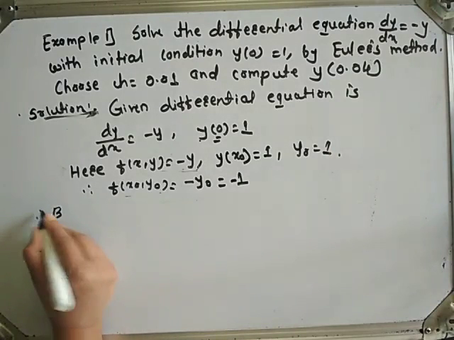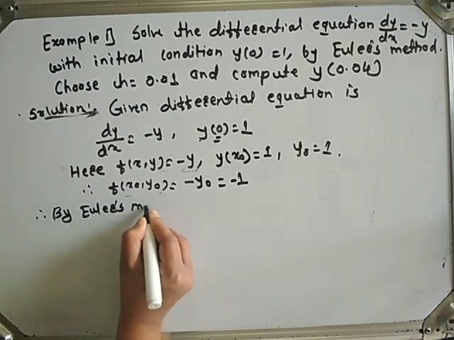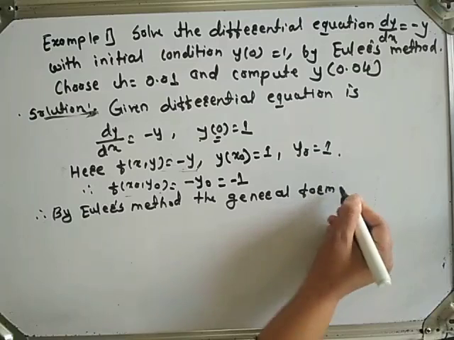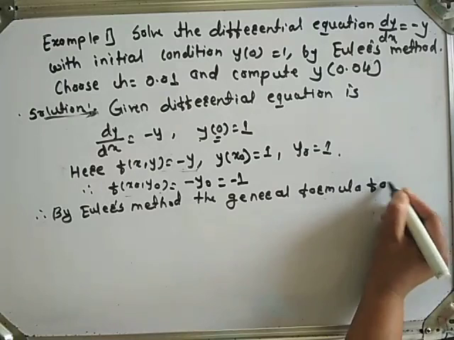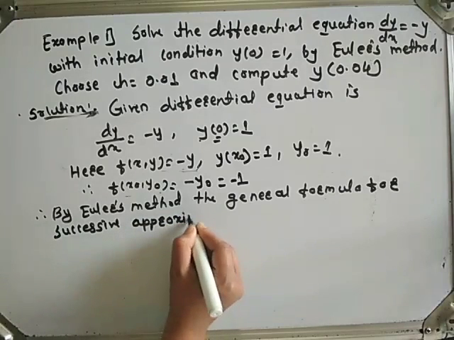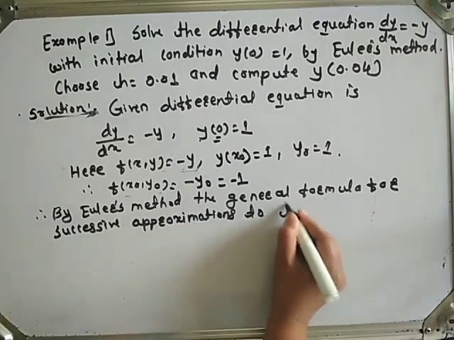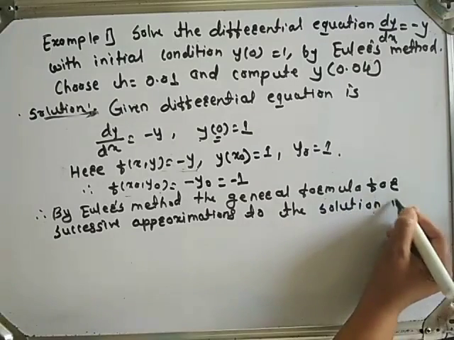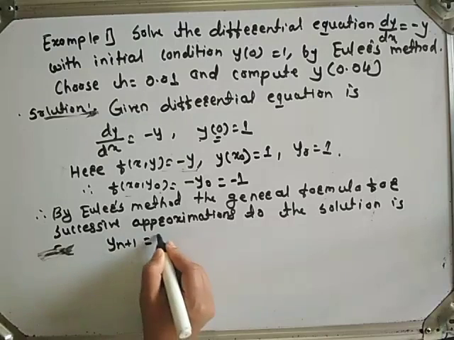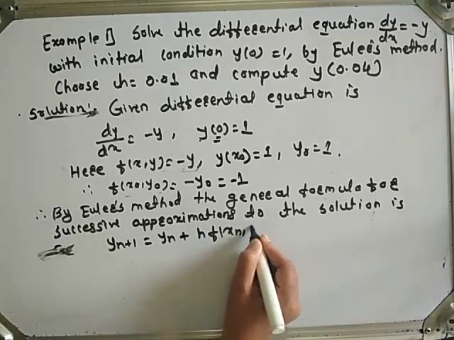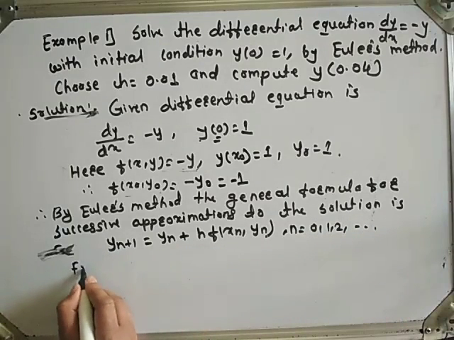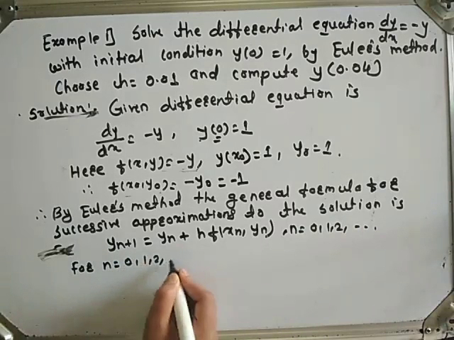Therefore, by Euler's method, the general formula for successive approximations to the solution is y(n+1) is equal to yn plus h into f of xn comma yn, where n runs from 0, 1, 2 and so on.